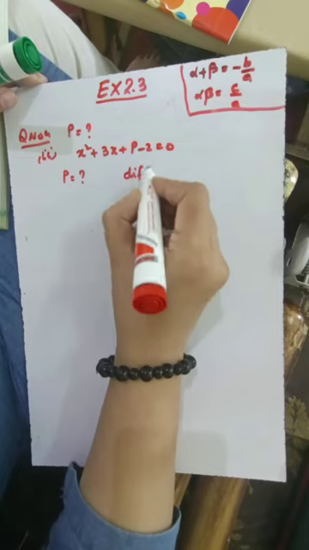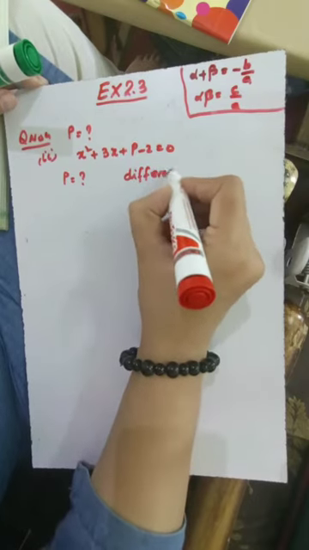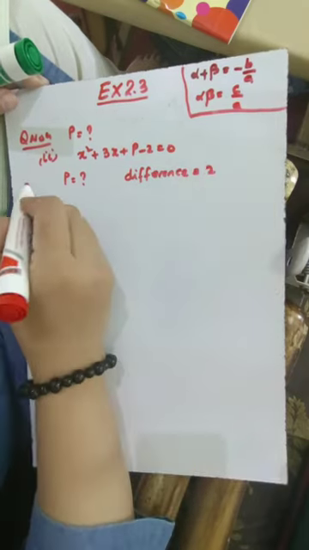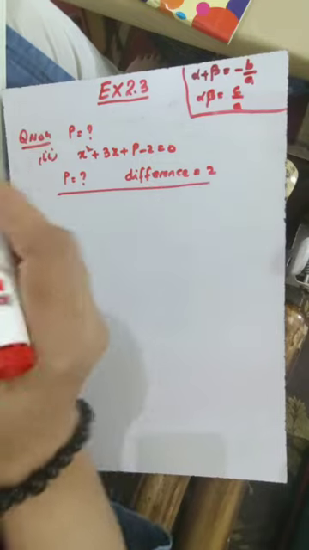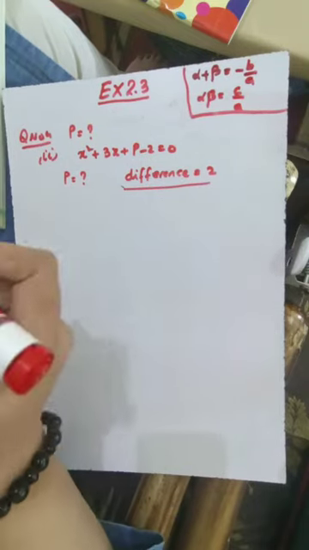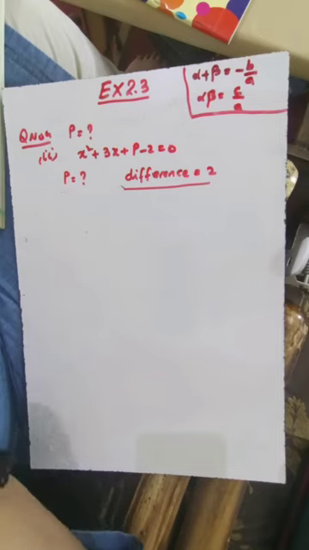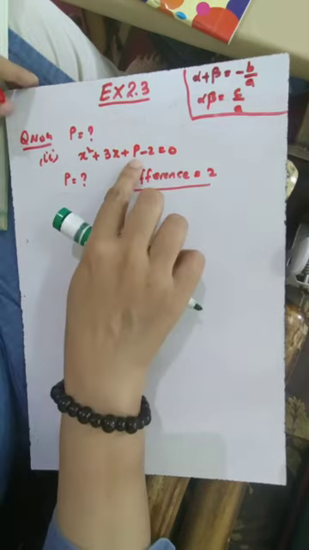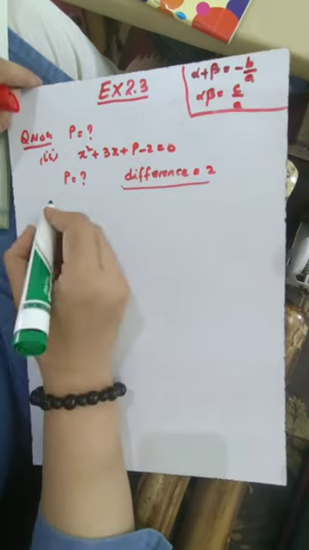Differ by 2 means the difference between the roots is equal to 2. These are the things which are given to us. The difference between the roots is given and the equation is given, and we have to find p, the p which is involved in the constant term.